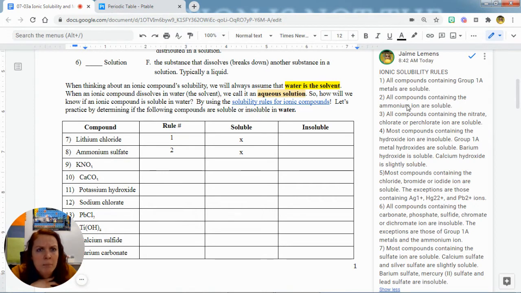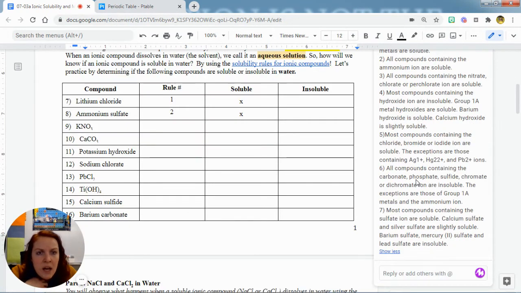All compounds containing ammonium ion, nope. All compounds containing the nitrate, chlorate, or perchlorate ion, nope. And we know that those are polyatomics anyway because they have an -ate ending. Most compounds containing hydroxide are insoluble. Barium hydroxide, calcium. Nope, that's not what I have. Number 5 says most compounds containing the chloride, bromide, iodide ions are soluble.